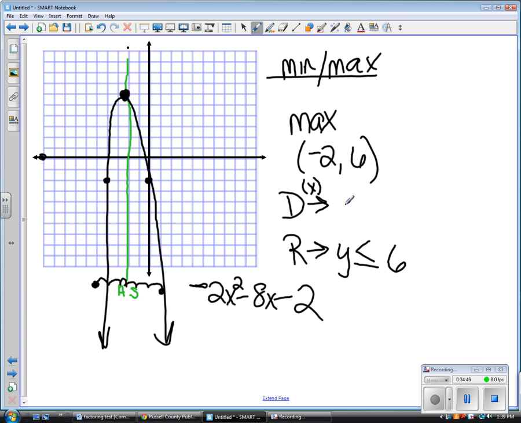So if you ask for domain and range, domain is always going to be all real numbers. Your range is going to change, and that's going to be based upon this. Now, this was a maximum point, so my y values had to be less than that. So if I had a minimum point, then my y's would have to be greater than. Okay? That's the only thing that max and min is telling you.